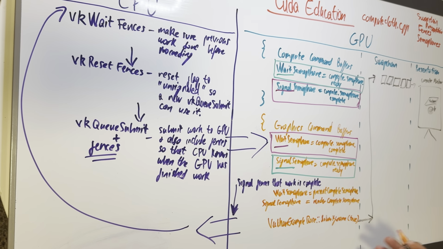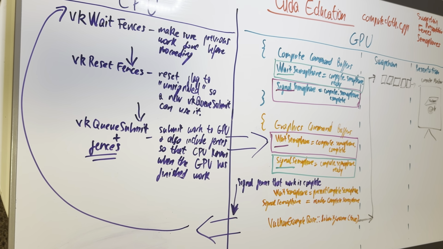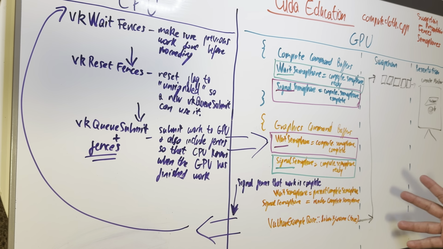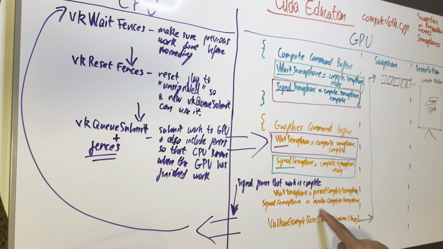Now, can you guys guess what the purpose of this set of semaphores is for? Present complete means that presentation has been completed on the frame. Render complete means that we have drawn the frame and it is now available for presentation.